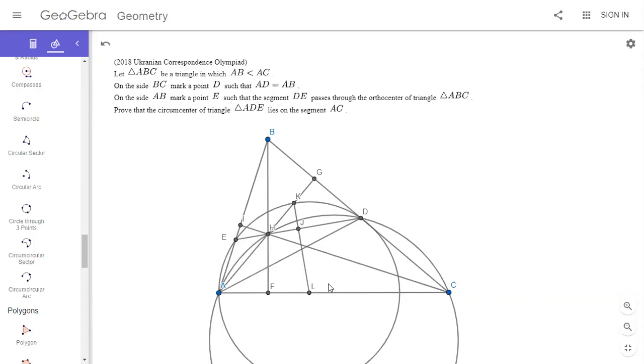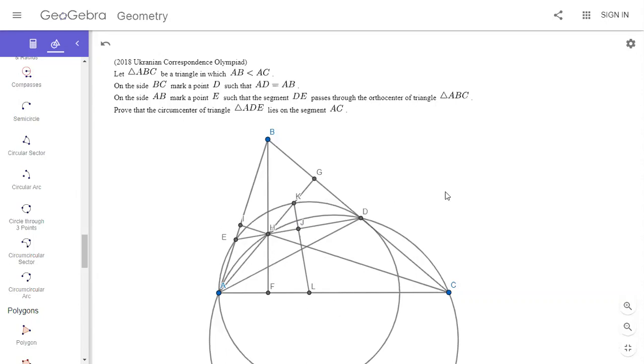Oh, okay, well, no, because we'd also have to know LE is equal to LK. I think there's one more step after that. But I kind of like the idea. So LK is equal to LA. That should just be an angle chase. And LE equals LD, we know that.